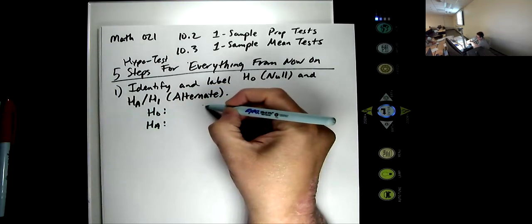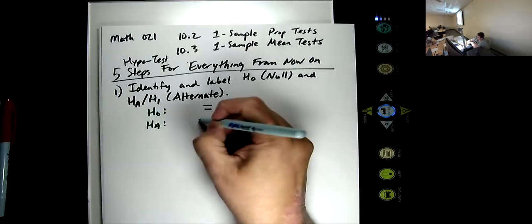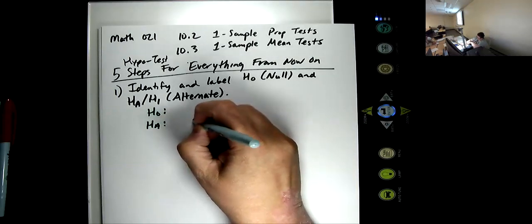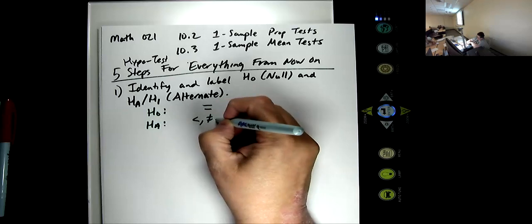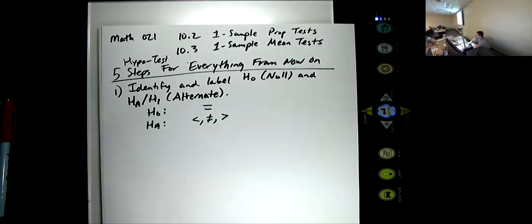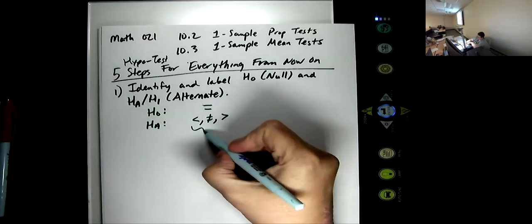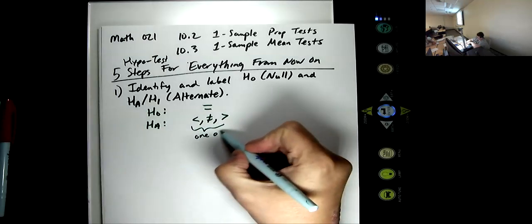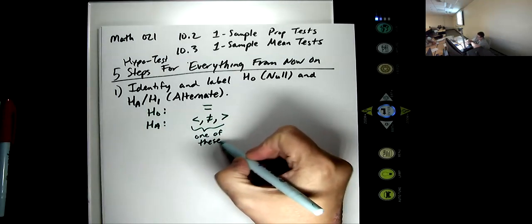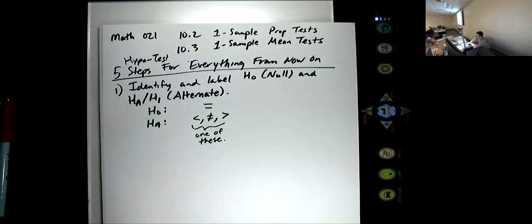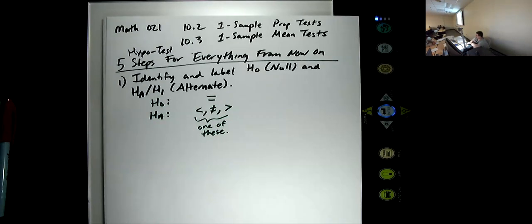H naught always has an equal sign. HA has less than, not equal to, or greater than in it. One of those. A couple of the final tests have sentences or phrases rather than equations, but for the first 5 or 6, we have equations.